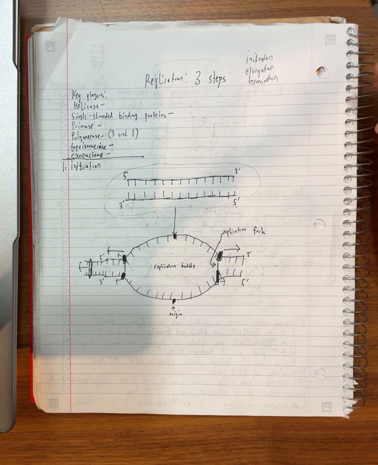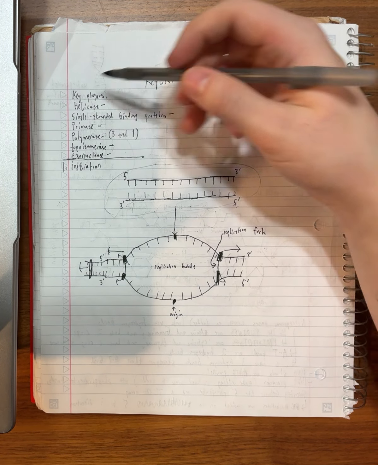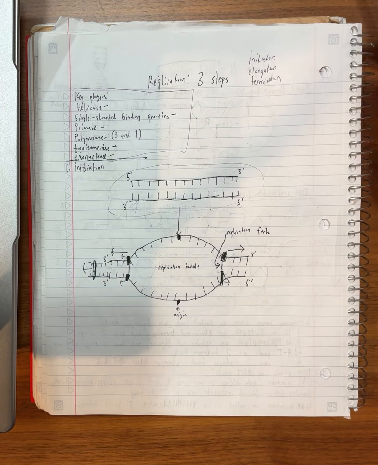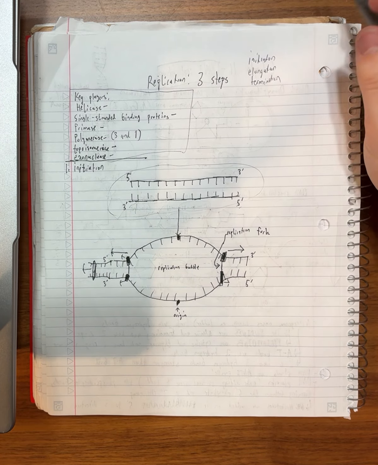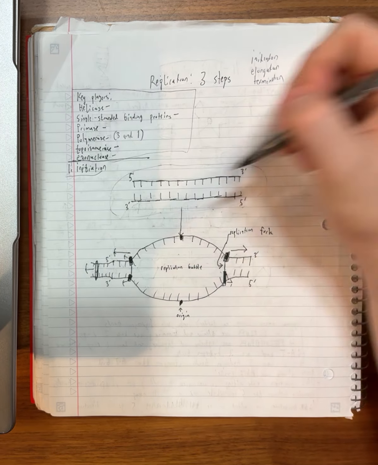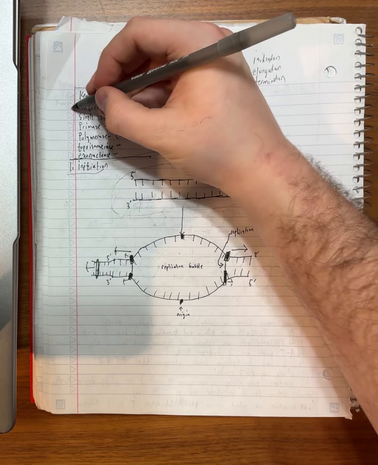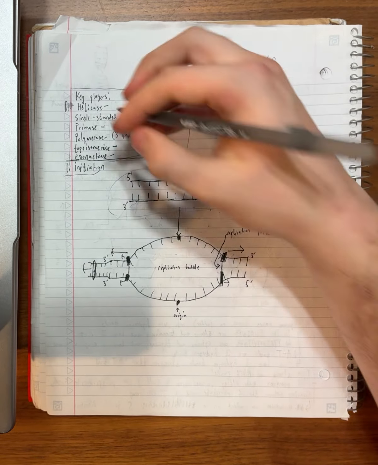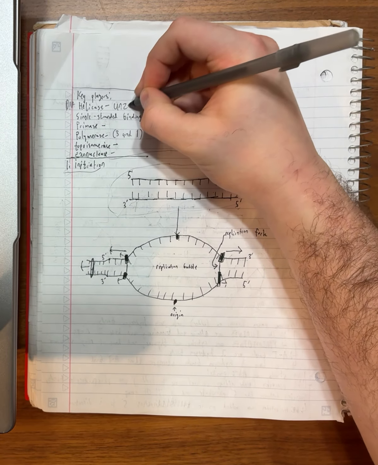So when we start replication, you also see up here I have written out the key enzymes, and we'll talk about them as we go. The first enzyme that's going to act in initiation is helicase, or DNA helicase. And DNA helicase, I want you to think, is the unzipper.